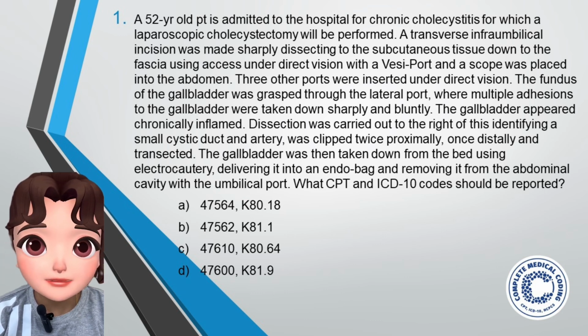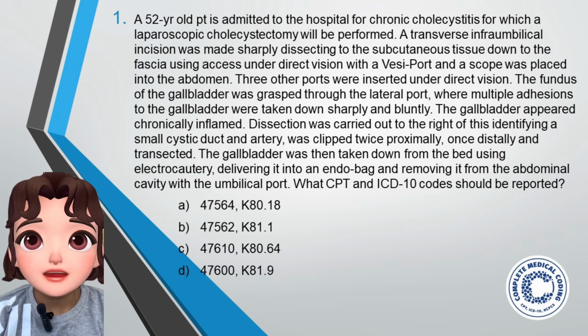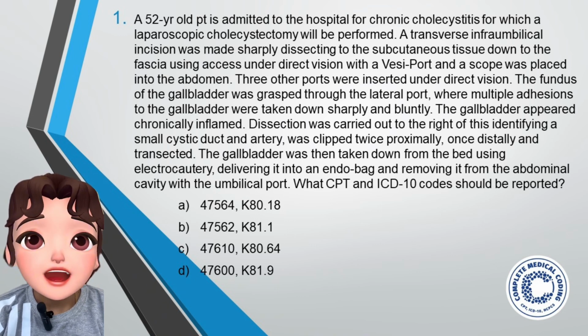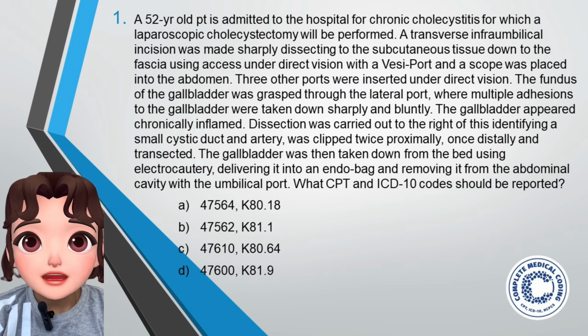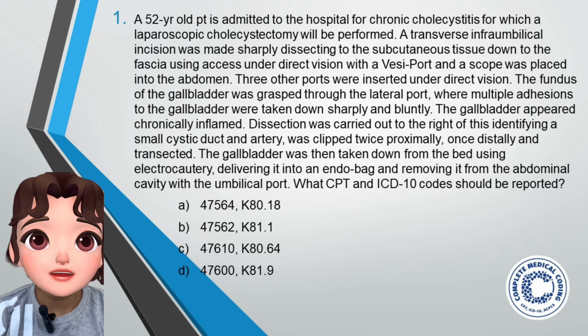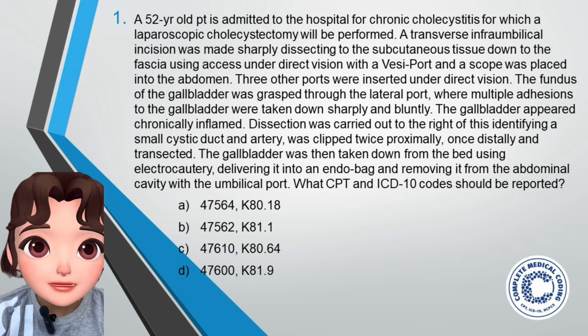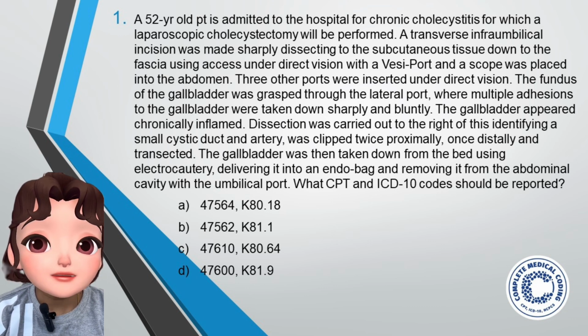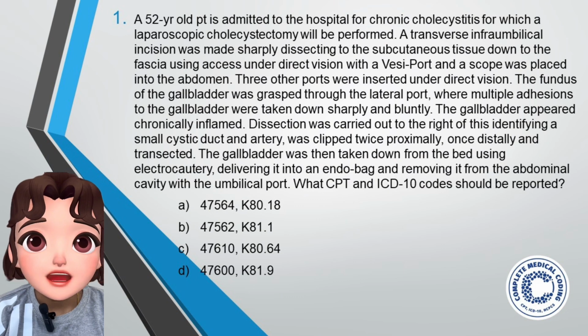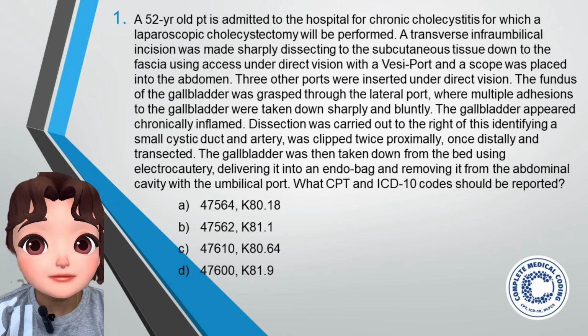Laparoscopic cholecystectomy. A transverse infra-umbilical incision was made sharply, dissecting to the subcutaneous tissue down to the fascia using access under direct vision with a Visiport, and a scope was placed into the abdomen. Now it is mentioning how the procedure is being performed. Three other ports were inserted under direct vision. The fundus of the gallbladder was grasped through the lateral port, where multiple adhesions to the gallbladder were taken down sharply and bluntly.